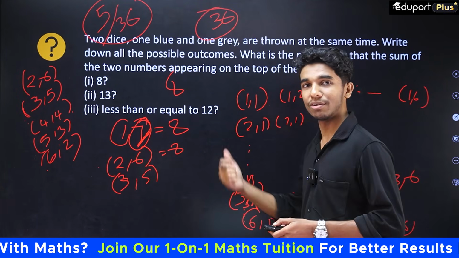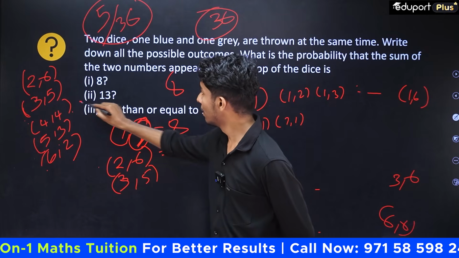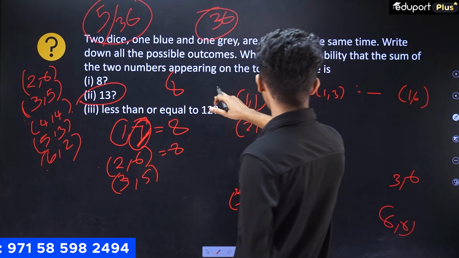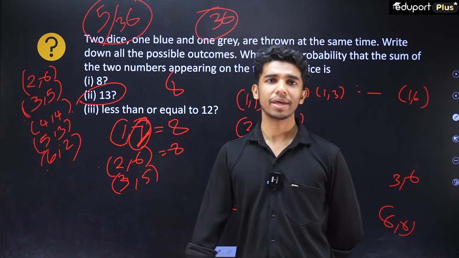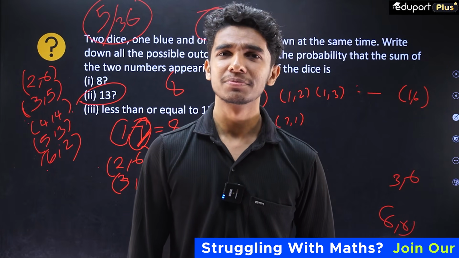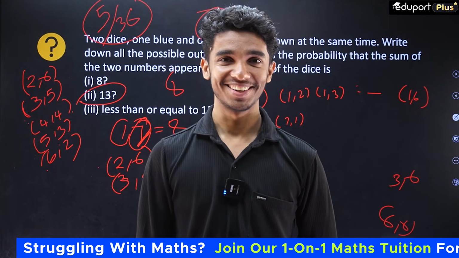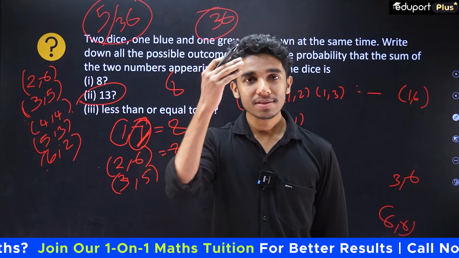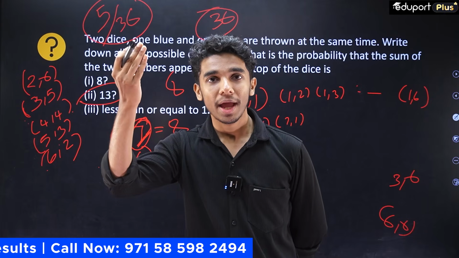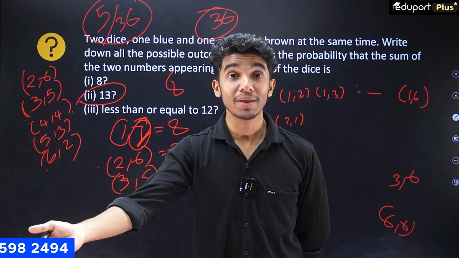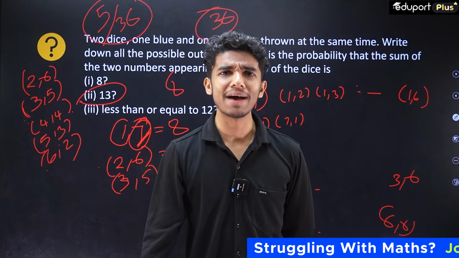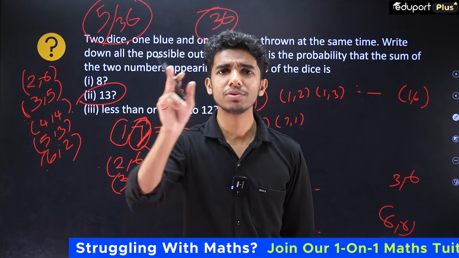It's a good question. Also, you have to find similarly for 13. If 13 comes, then find the probability that the sum will be 13. Students, let me ask, will the sum 13 come? No, because just think: both the dice have the maximum number 6, 1, 2, 3 up to 6.